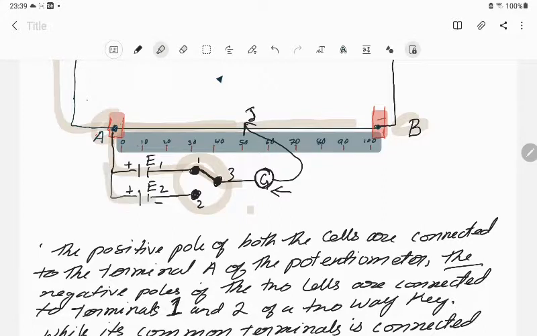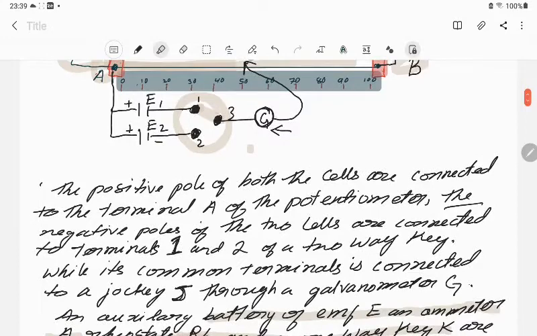Here it cannot pass because here it is off. So first we have to switch on this one, or connect between 1 and 3.